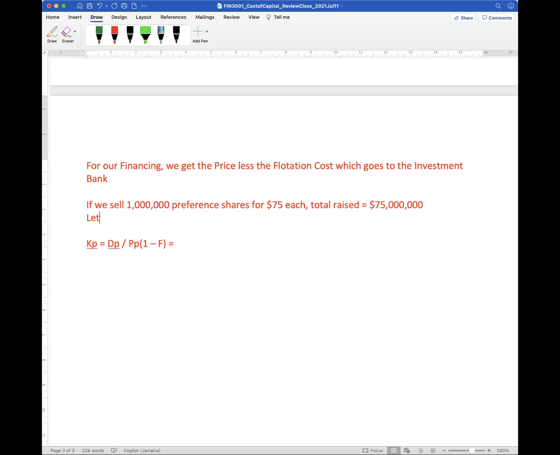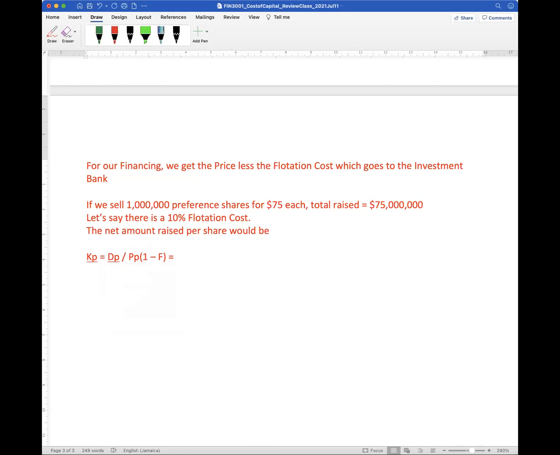Let's say there's a 10% flotation cost. The net amount raised per share would be how much?